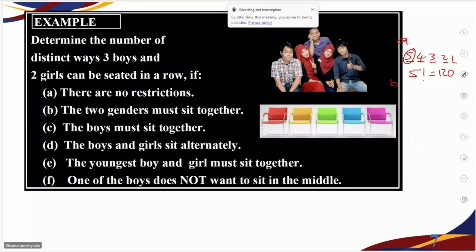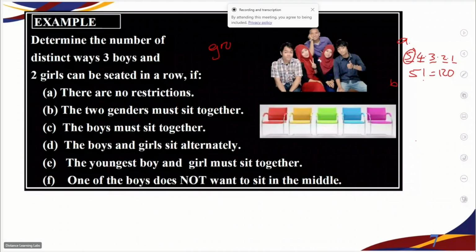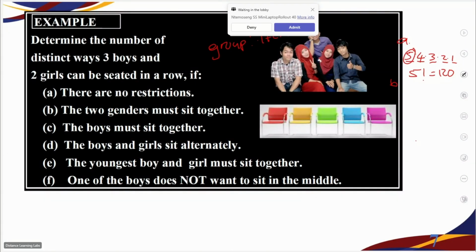Remember, I said it's much easier if we do it with group factorial. Group factorial multiplied by item factorial.